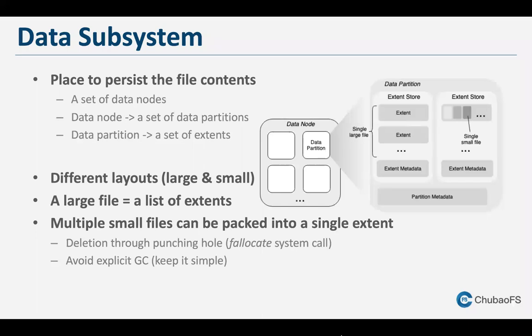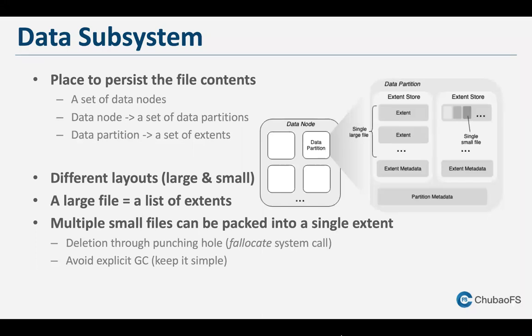Yeah. So if you're appending to lots of small files, and those small files get grouped onto a single extent store, how does that work in terms of allocating the space? Yeah, so for small files, one optimization that we have is pre-allocation.